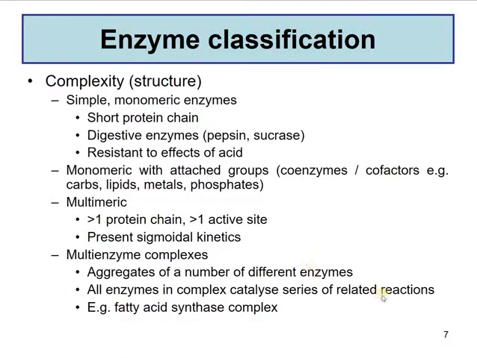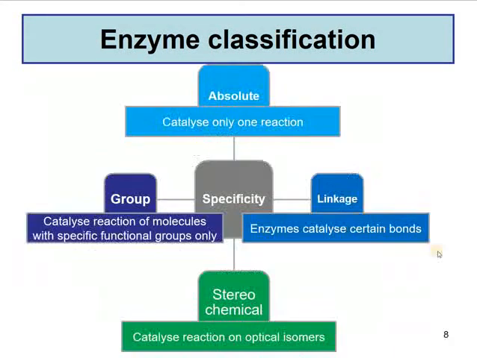Okay, and then the third classification would be based on their specificity. So when we talk about enzymes catalyzing a reaction, each and every enzyme will require a substrate to work with. But then depending on the type of enzyme and the type of substrate, we can actually also denote the specificity of that enzyme.